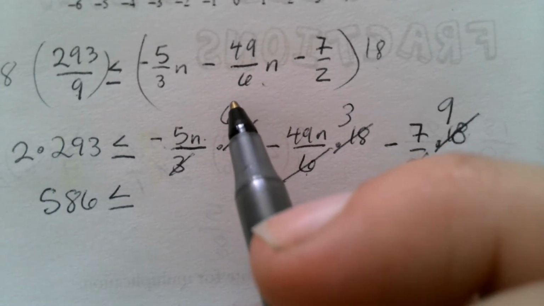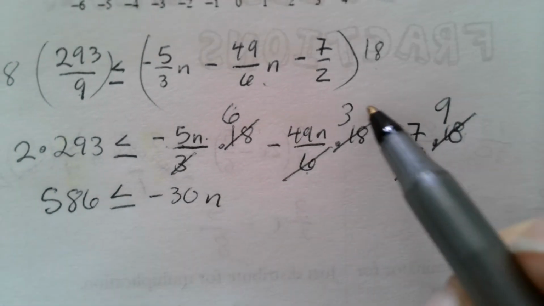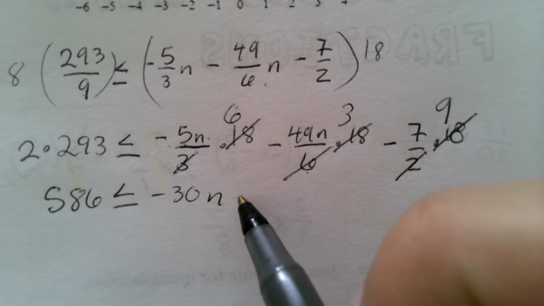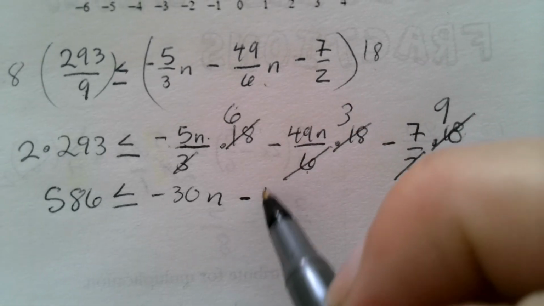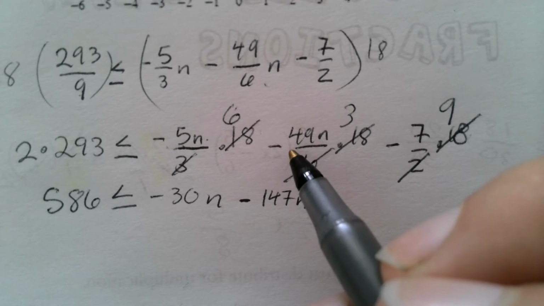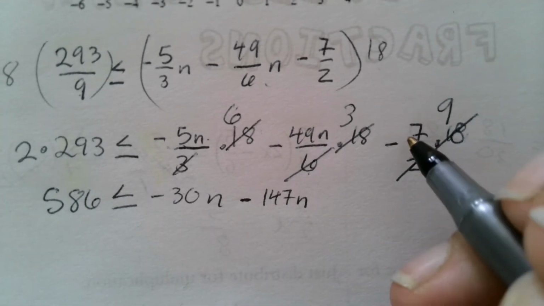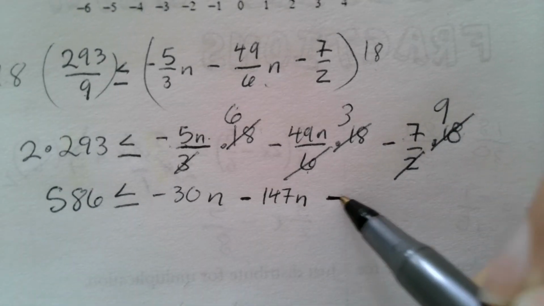That one you should be able to do in your head. Negative 30n. 3 times negative 49, you might want to use your calculator. Good. Yeah, negative 49 times 3, negative 147n. And then negative 7 times 9 is? Yep.